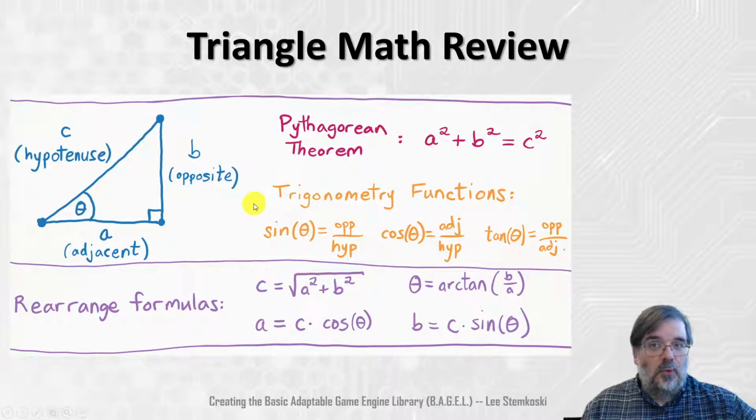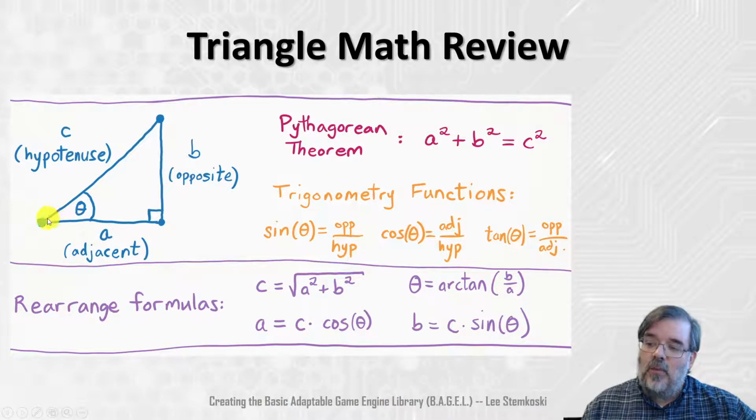Also, something which will be important in the videos which follow are some of the basic trigonometry functions. Again, assuming we have a right triangle with a right angle, let's say we're interested in one of the other angles, this angle that we're highlighting right here. Let's call that angle theta.